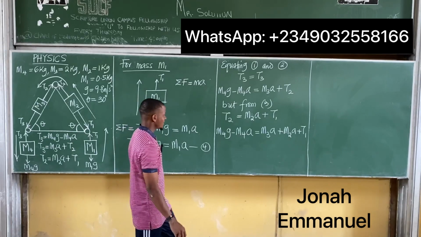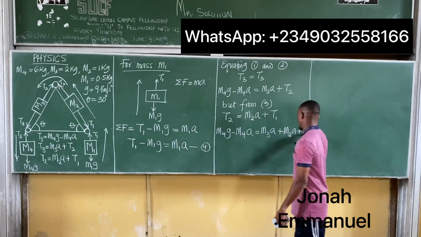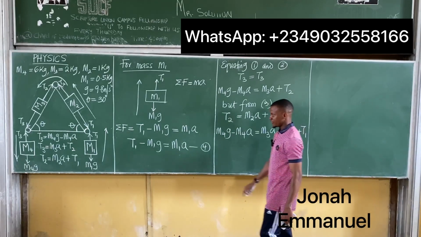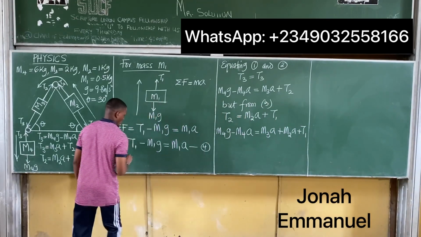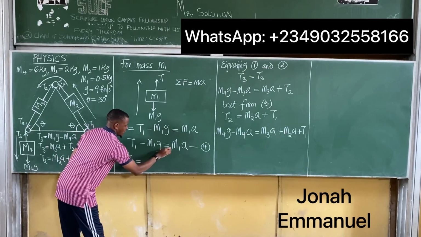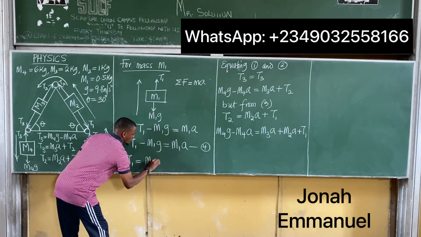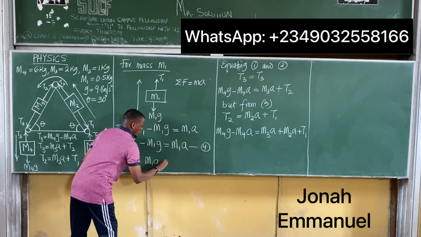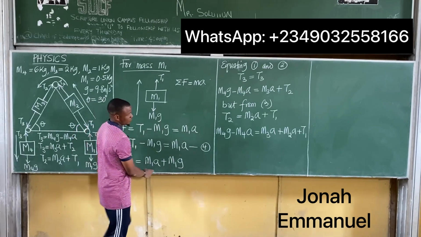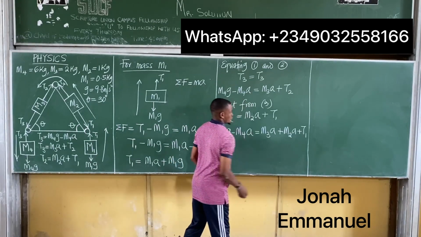So final task, let's see how we can remove this tension, T1. I have a value for T1 here from equation 4. From here, we can say that T1 is equal to M1A, and this minus comes over, it becomes plus M1G. I'll replace the value of T1 here. So what do we get?